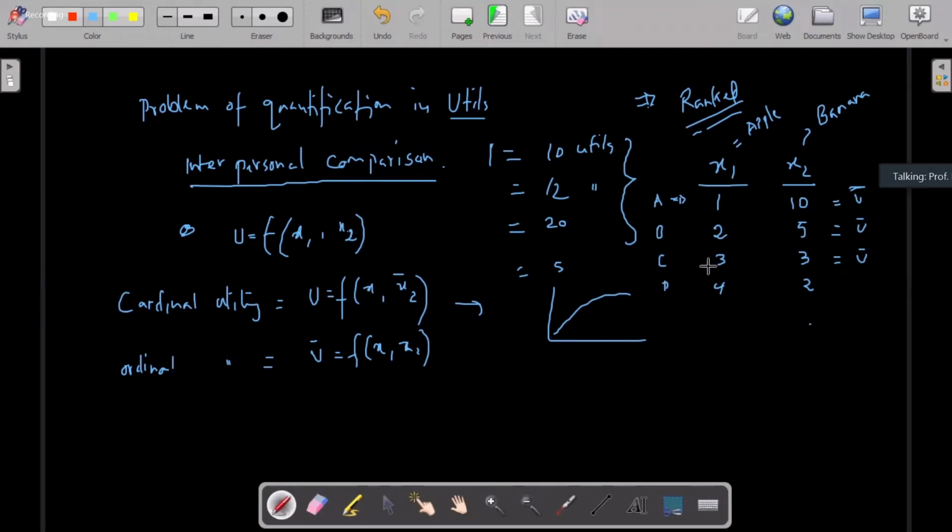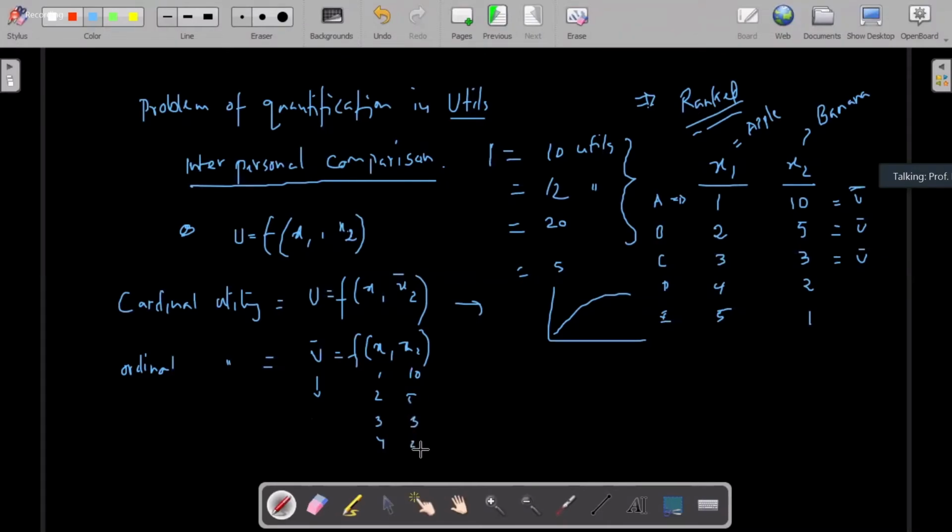Now suppose we are going for another point, maybe 5, then 1. So these are the combinations that give you the same level of satisfaction. Our utility remains the same, but the combinations are maybe 1, 2, 3, 4, 5, and 10, 5, 3, 2, 1.